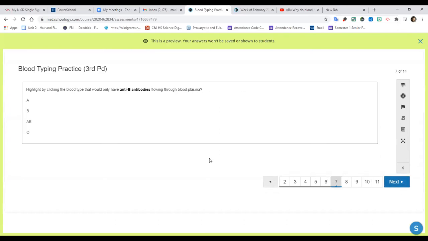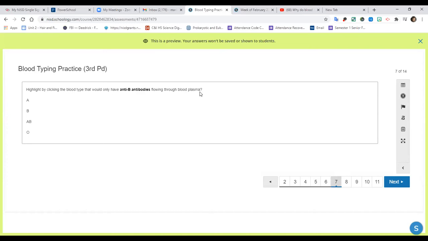Okay, highlight by clicking the blood type that would only have anti-B antibodies flowing through their blood plasma. So anti-B antibodies.